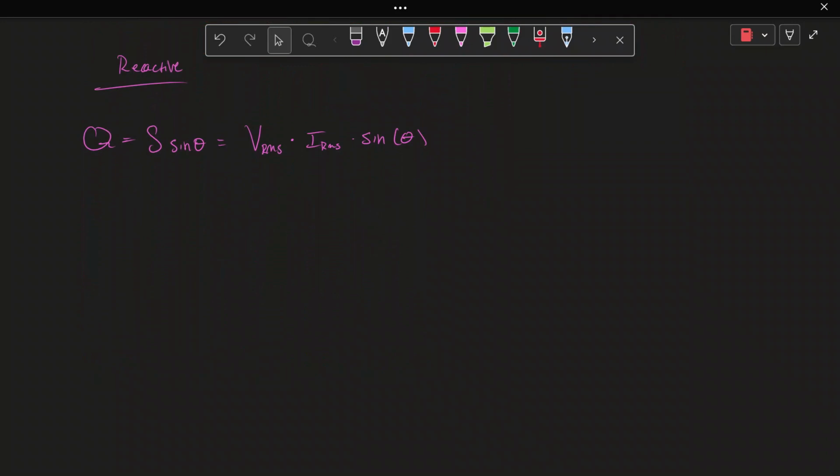All right, so now we can talk about instantaneous power, but what if we're not given those regular equations? What if we're given some other stuff that's different?